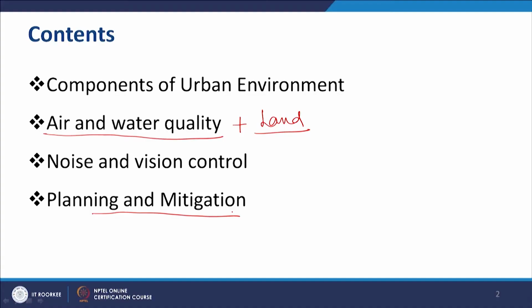In the first lecture we are going to discuss air and water quality and some noise and vision control. In the next lecture we will discuss mostly surface land cover control, especially the elements of blue and green infrastructure.